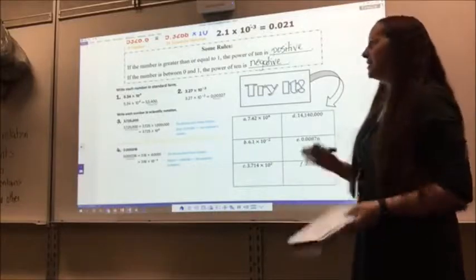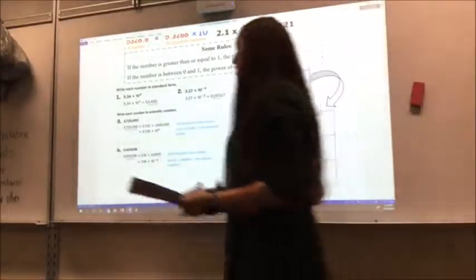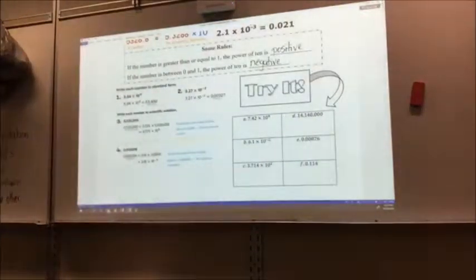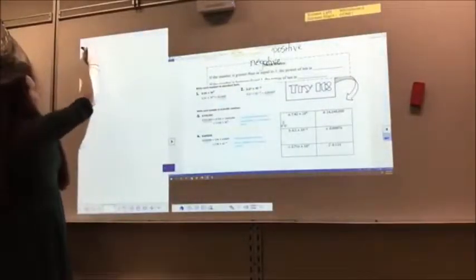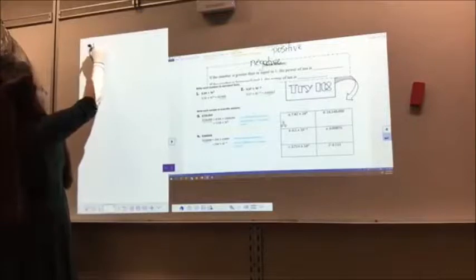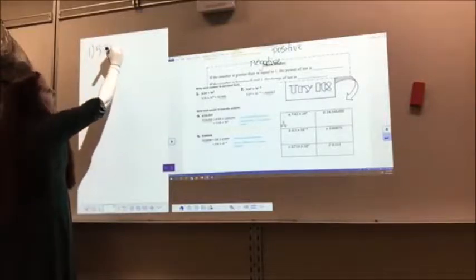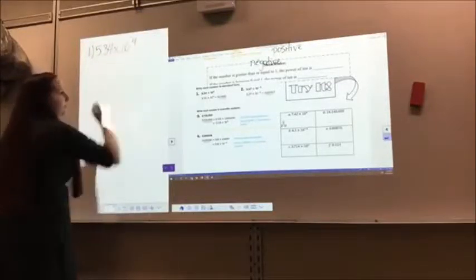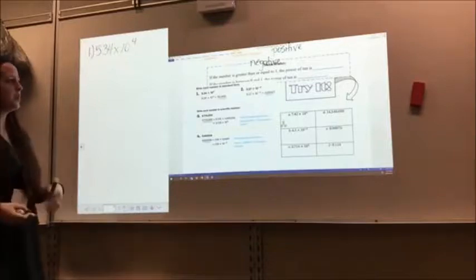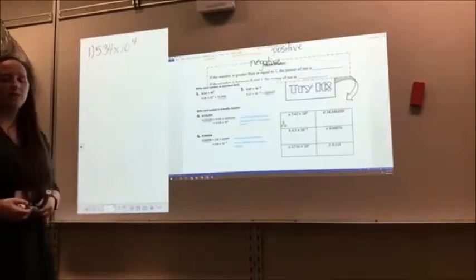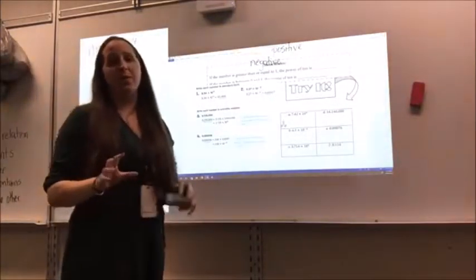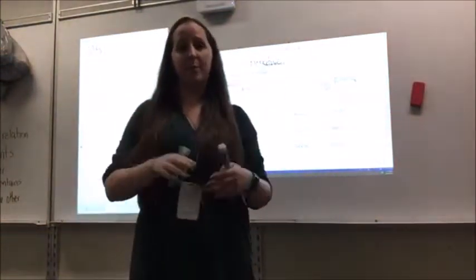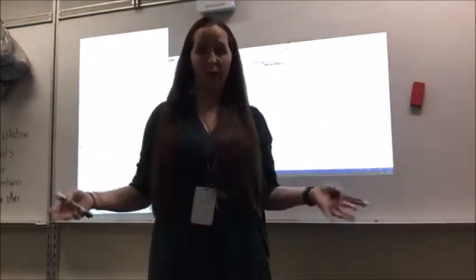Let's take a look at a couple of examples. I have 4 examples here. My first example says 5.34 times 10 to the 4th. What it wants me to do is write it in standard form. Standard form is basically I take the exponent and I make it larger. I actually write the whole number out.